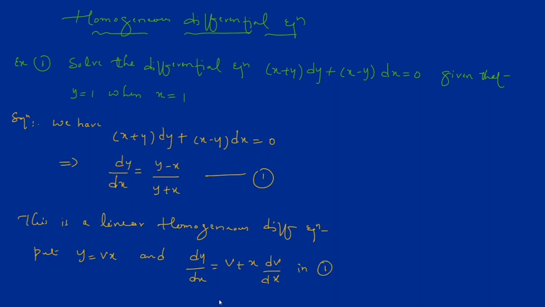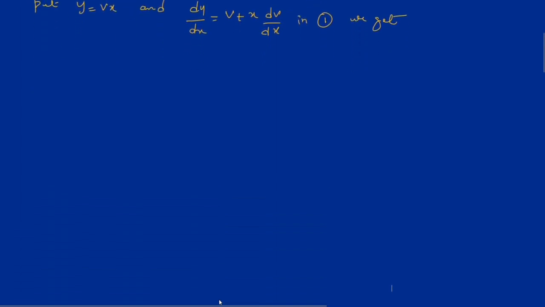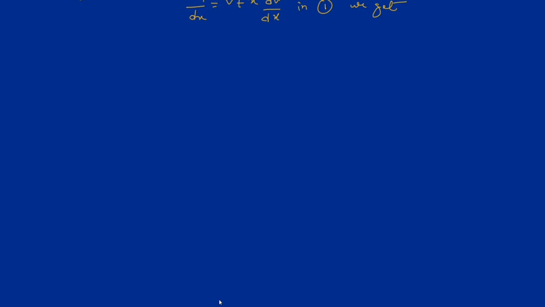In equation 1 we get v plus x dv by dx equals (vx minus x) divided by (vx plus x).